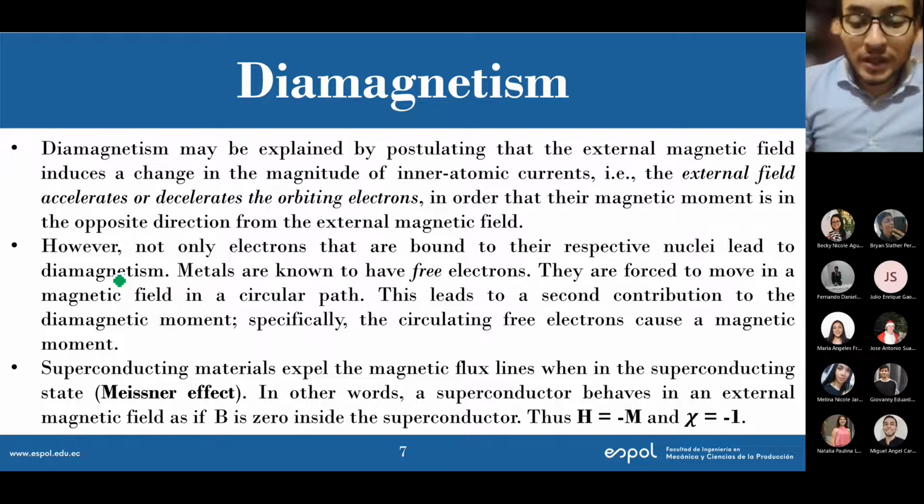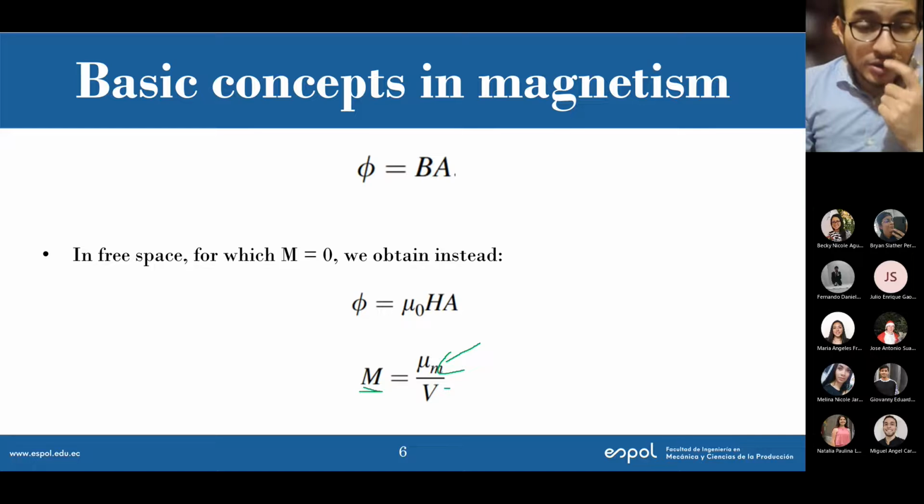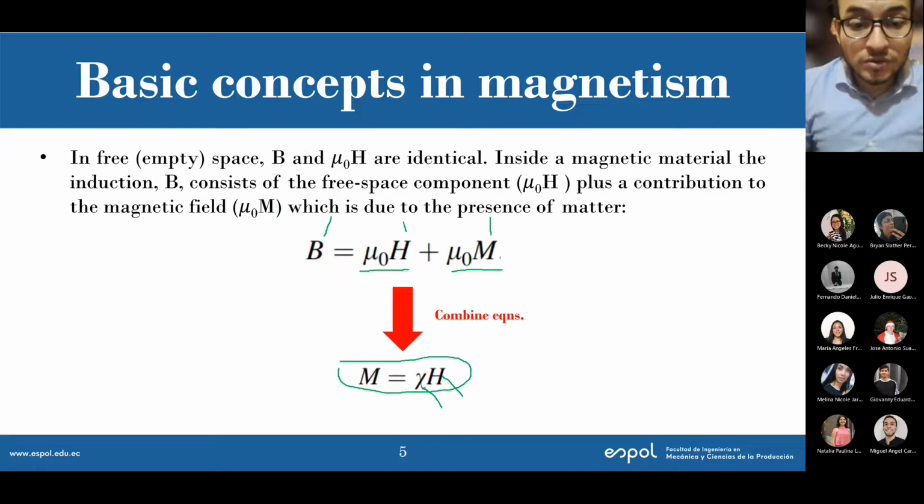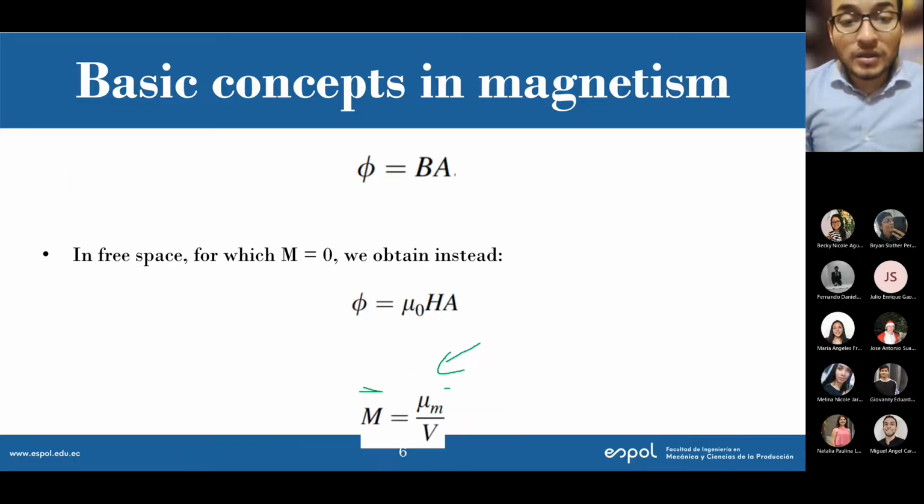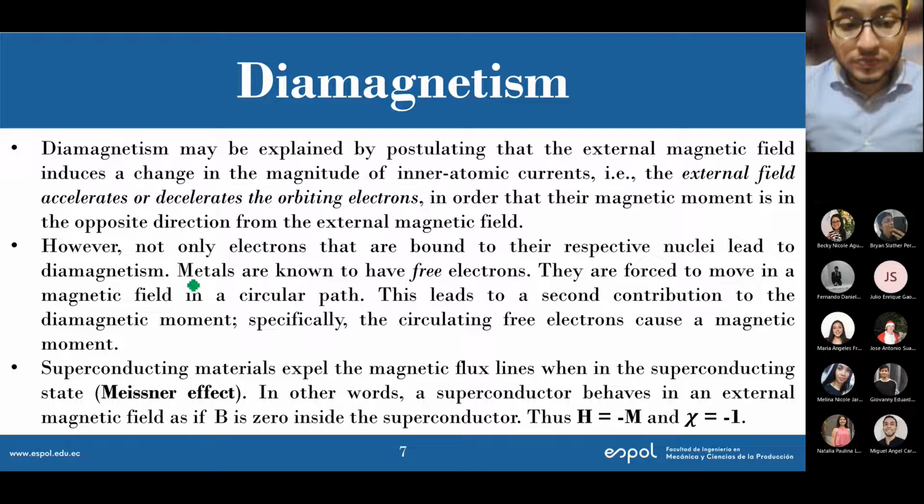Therefore, and you can see that just from this equation right here, the magnetic field strength will be equal, just with opposite sign, to the magnetization, and therefore the susceptibility equals -1.